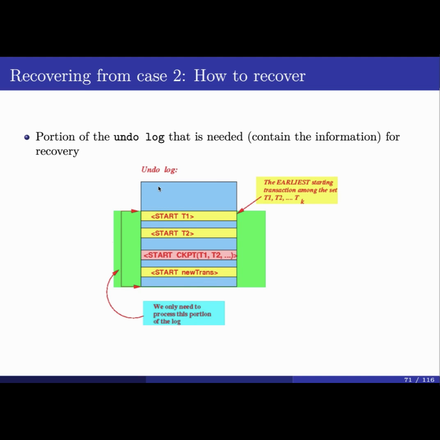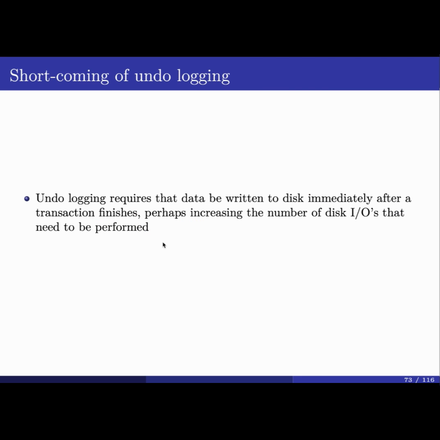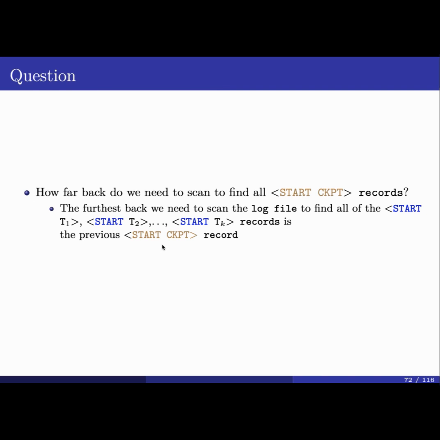If there is a previous start checkpoint, you cannot start a new one until you make sure the previous one is done. So the previous one definitely has an end checkpoint, and all the transactions listed in the previous start checkpoint are definitely committed or aborted before this operation.